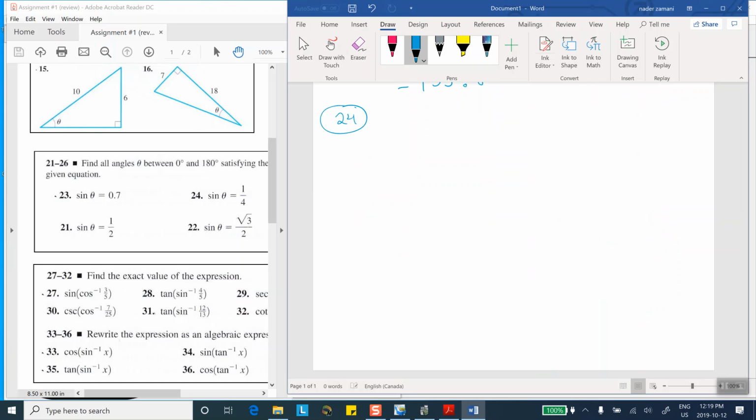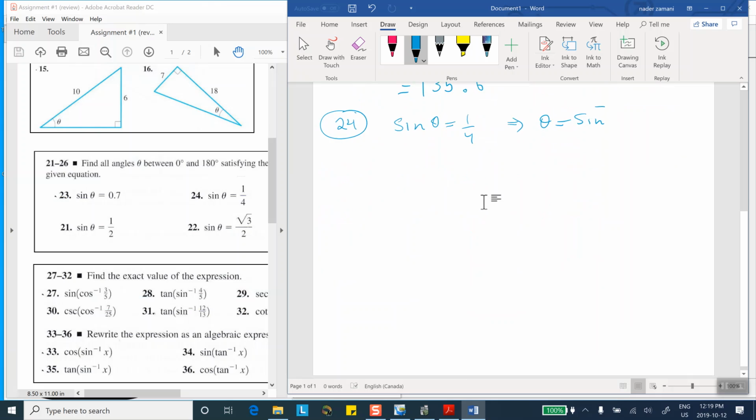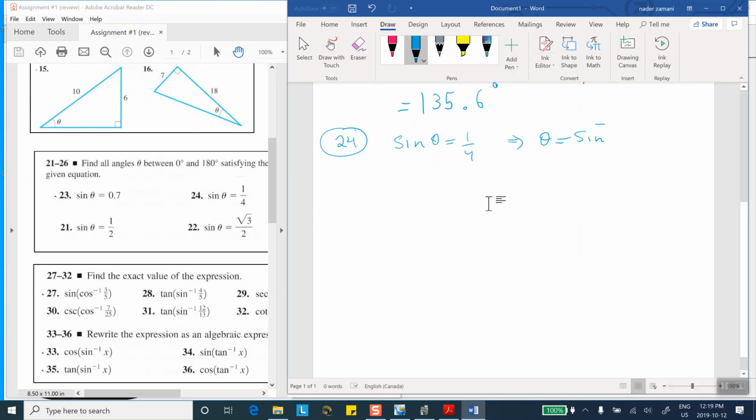24. Once again, I don't recognize the 1/4, so I have to use my calculator. Sine of theta equal to 1/4. That means theta equal to sine inverse of 1/4. Use your calculator.